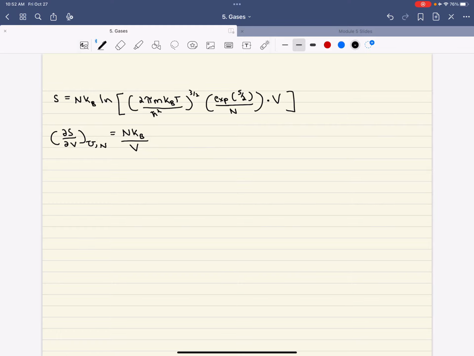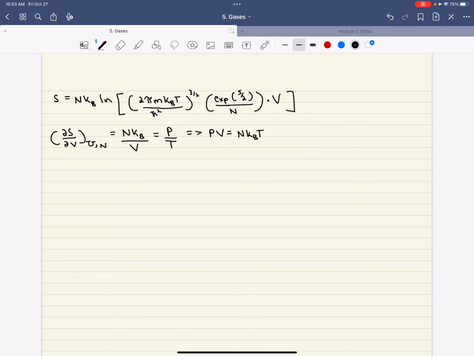We also know that for entropy, this partial derivative, based on our fundamental equations for entropy, is just equal to pressure over temperature. If we rearrange this equation, we get the following relationship: PV is equal to NkBT, right?